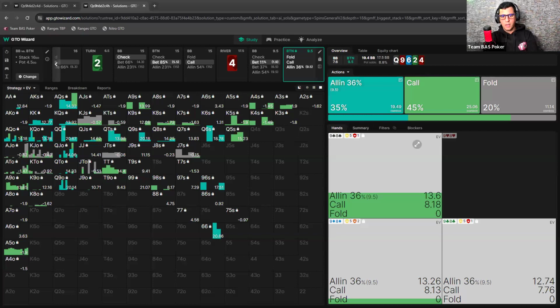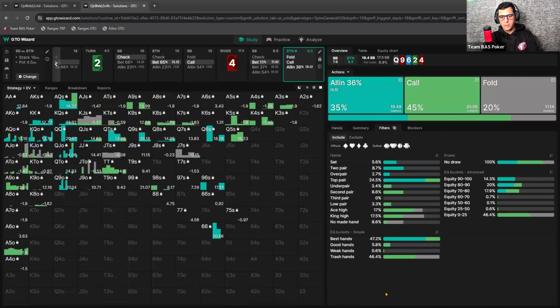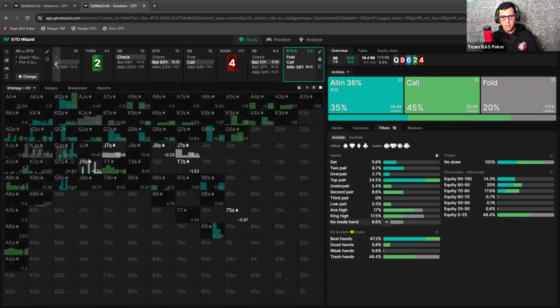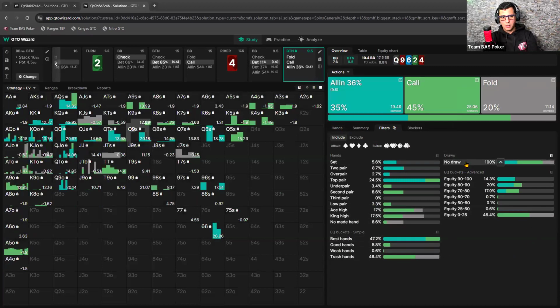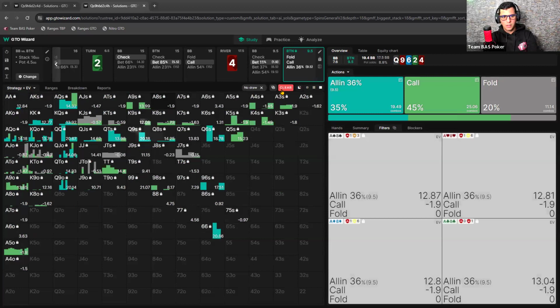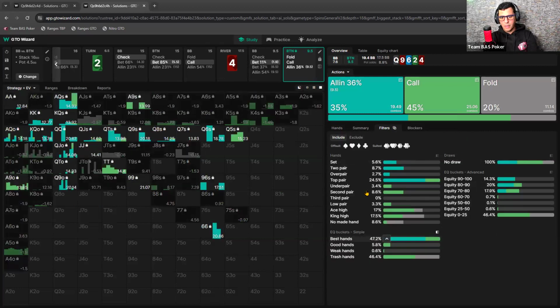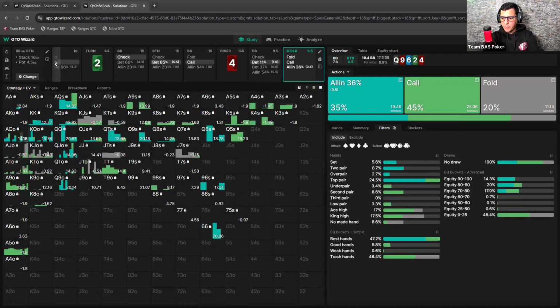I put it in at 35, and you can see here that the solver is still not 100% random, still going top range here with value, and still calling some hands here and there.